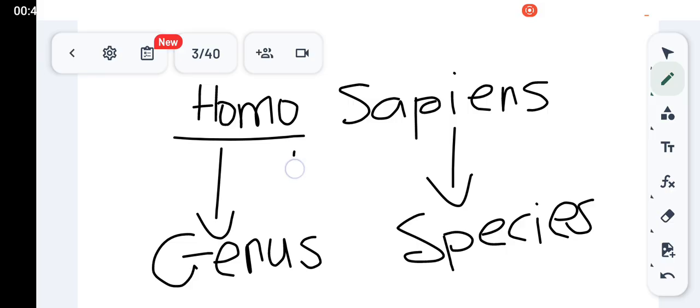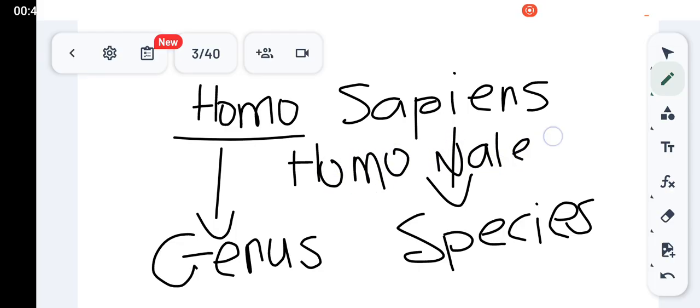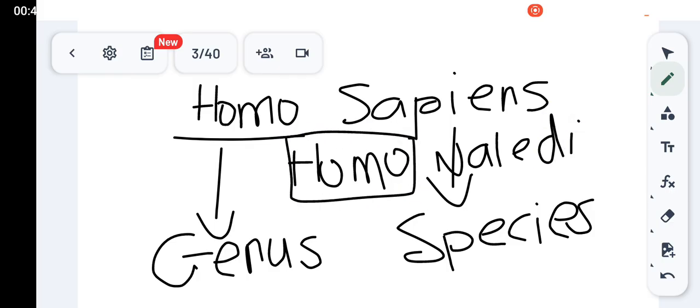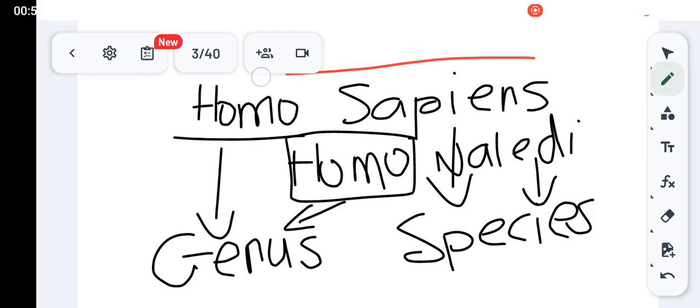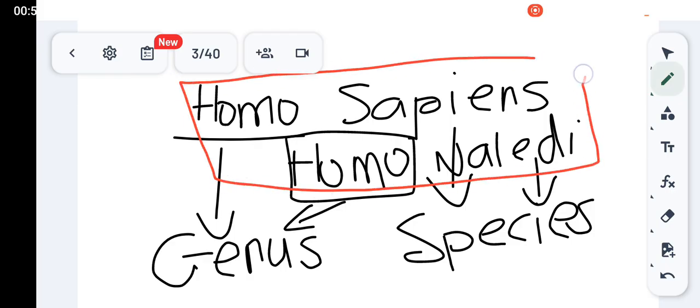Now, if we have Homo naledi, Homo still means genus, and naledi is the species. But if we combine the two, Homo sapiens and Homo naledi, we're now talking about two groups of species.